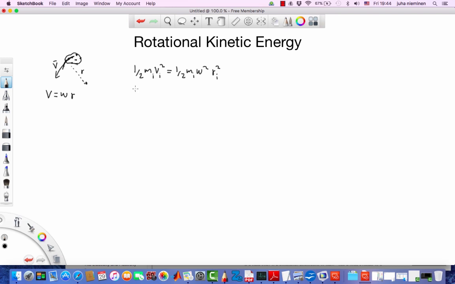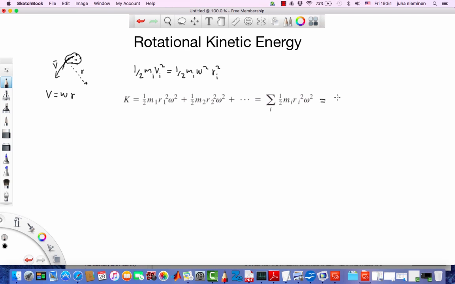Now, what we can do next is, of course, sum up all of these individual energies of the individual particles. And here we have it nicely written out. So first of all, here's particle 1, particle 2, and so on. And if we add them up, we get this expression here on the right. And we can rearrange this a little bit.